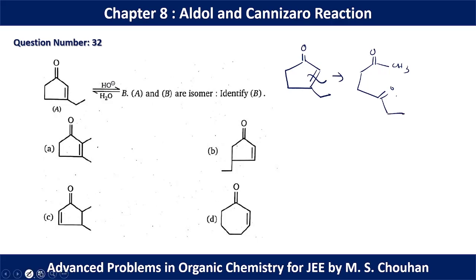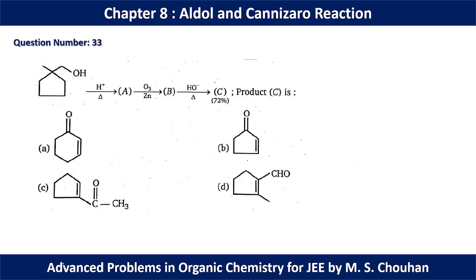Now we can start with this position negative charge, and we can approach this position, and the final molecule will look like this: CH3. Okay, so option A should be the correct option.